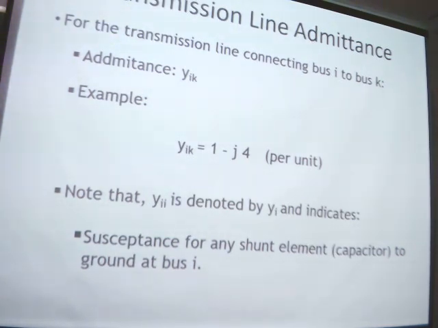When we ground all other nodes other than bus A, C grounded, B grounded, then the admittance from bus A to the ground is YAA.